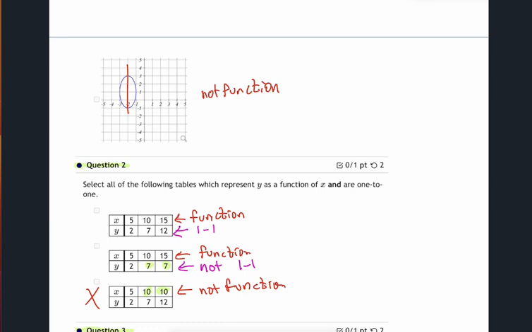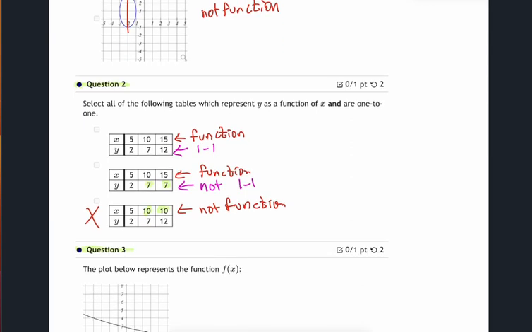Okay, so you can tell that from a graph or a table, just by looking to see if we have repeats in the x's. That means they would line up vertically, and they would not be a function. And then once they're functions, if you test it horizontally, that means the y's would repeat. It can only be one-to-one if there are no repeats. So are we good with question number 2?